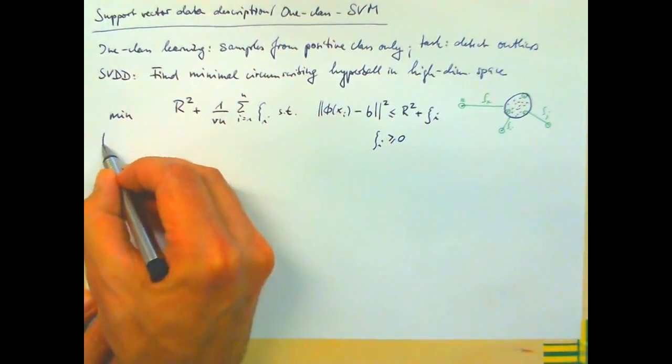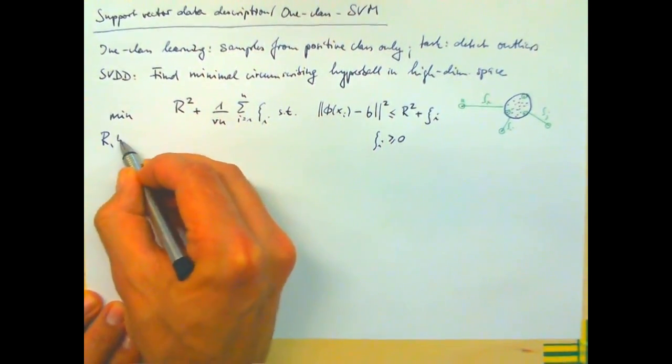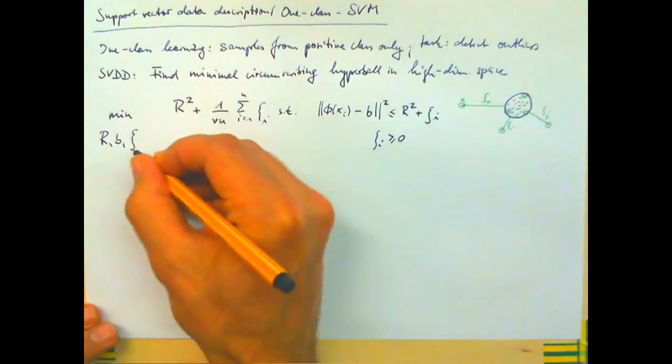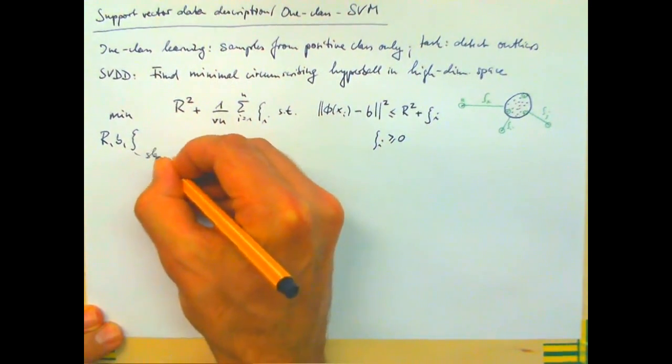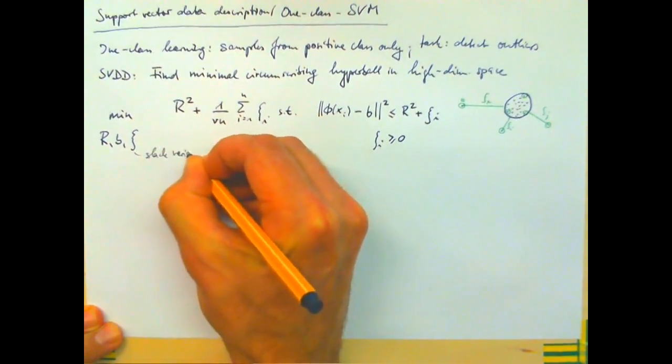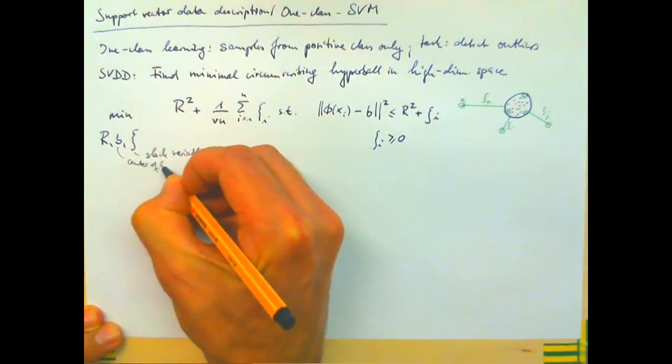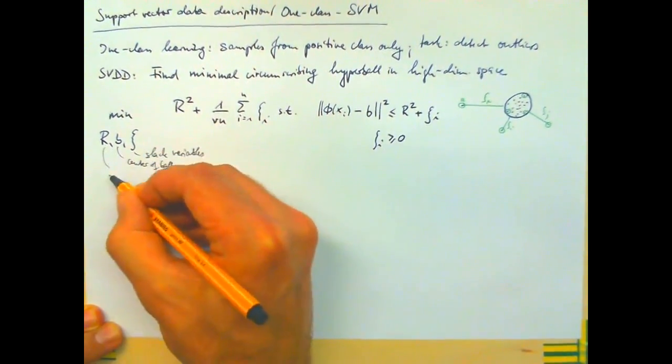And we minimize over r and b and xi. Again, xi are the slack variables, b is the center of the ball, and r is its radius.